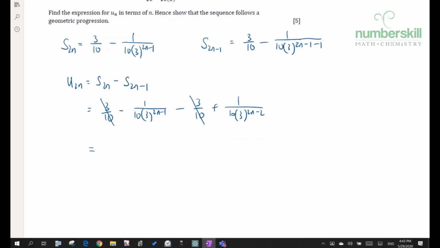All right, and in case you thought that this is really hard, it is actually not. You just have to be careful with the power. Okay, so you see that there's a 3 square somewhere, right? Okay, so the 3 square is actually a 9. The 1 over 10 is a constant, you can take it out. So you actually have a 9 over 3 to the 2n minus away 1 over 3 to the 2n.